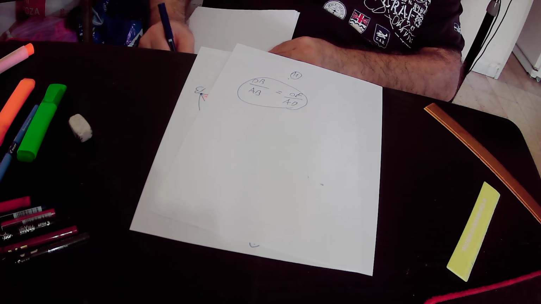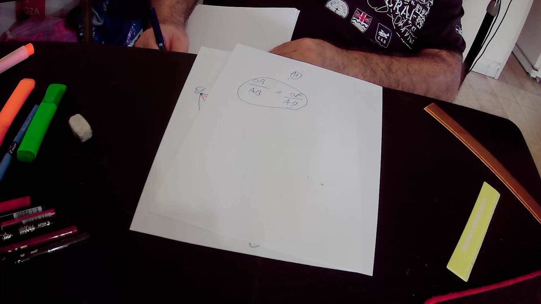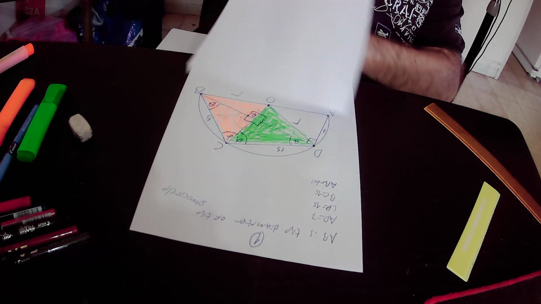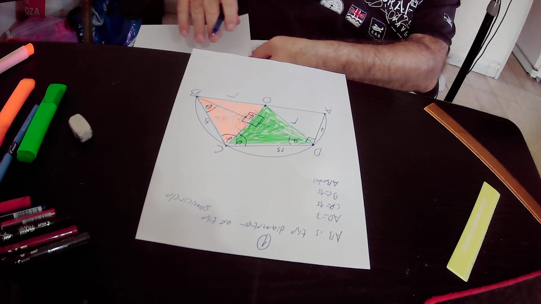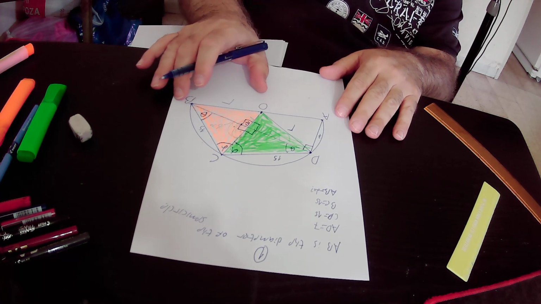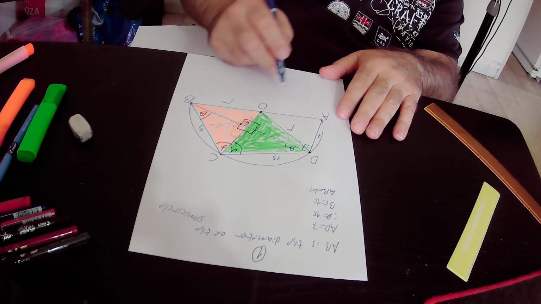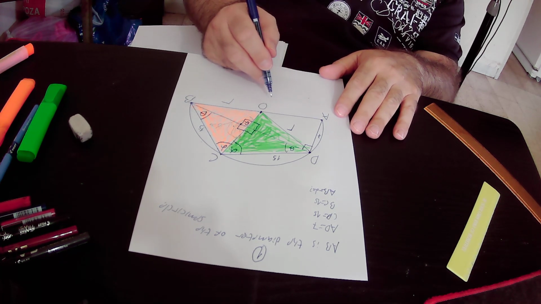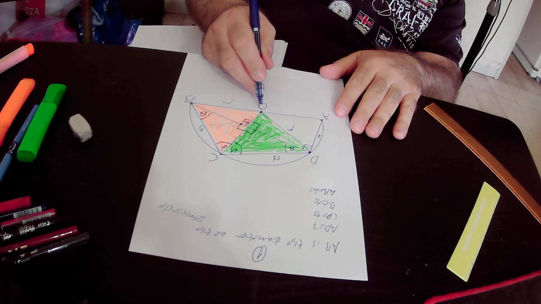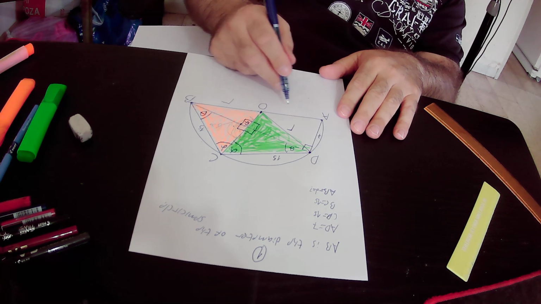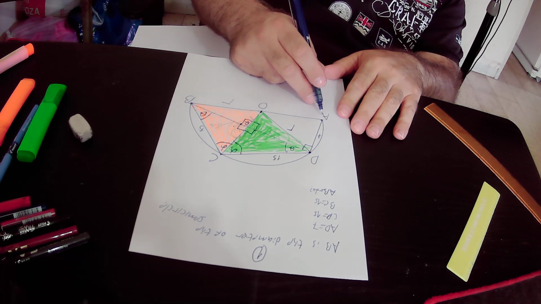So, what is the value of OB? OB equals R. Also, OA equals R because it starts from the center of the semicircle, and line segment OA ends at point A, a point on the semicircle itself.